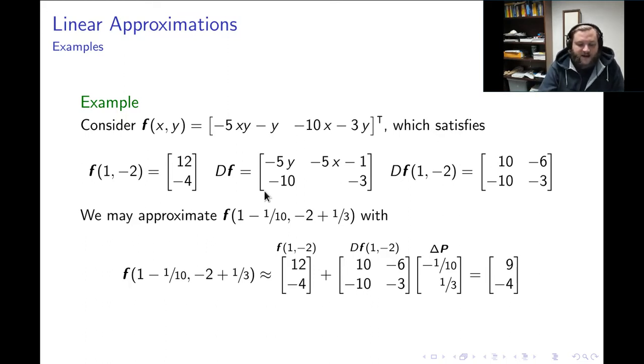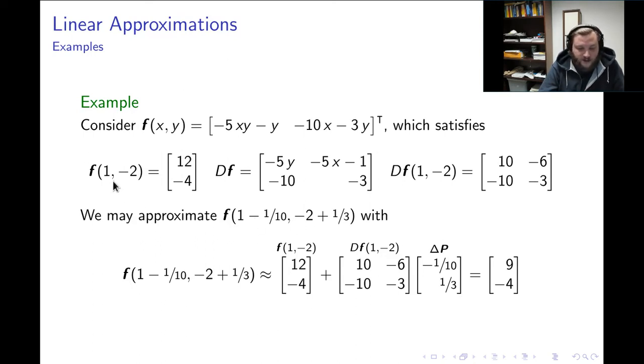Well, let's say now that I wanted to deviate from x equals 1 and y equals negative 2 and approximate the new output. So let's say that I'm looking at f of 1 minus 1/10, comma, negative 2 plus 1/3. The approximation should be given by the original output, that's f of 1, negative 2, which is 12, negative 4 as a vector, plus my Jacobian derivative evaluated at the original input, this 2 by 2 matrix we just constructed, multiplied by my change vector, which keeps track of how the coordinates change under this new input.